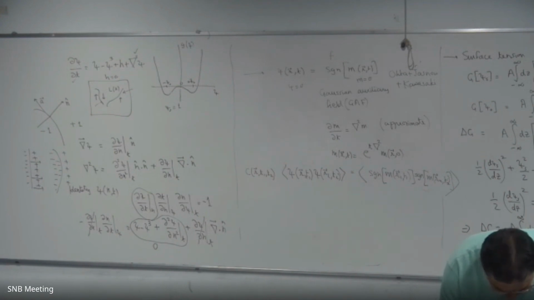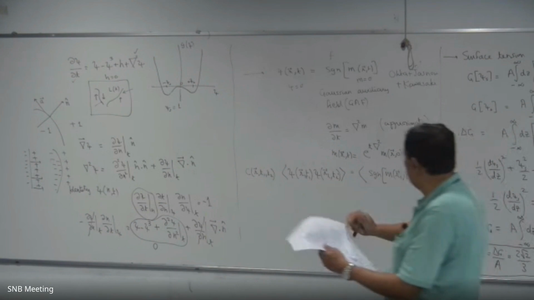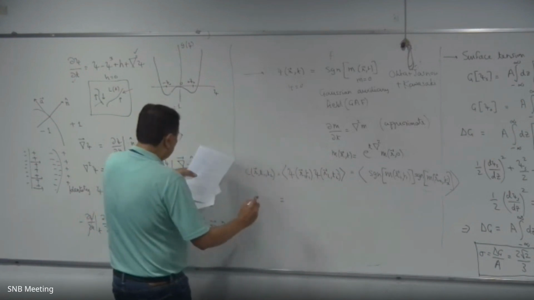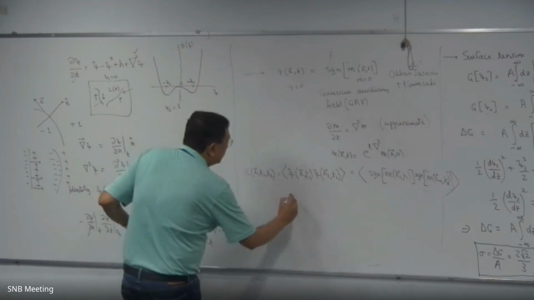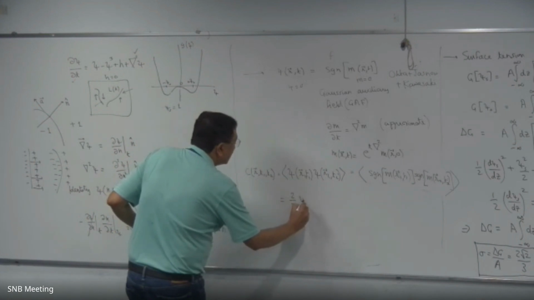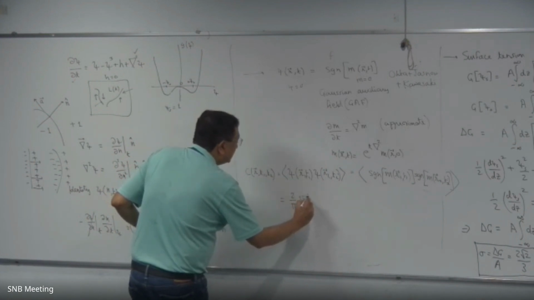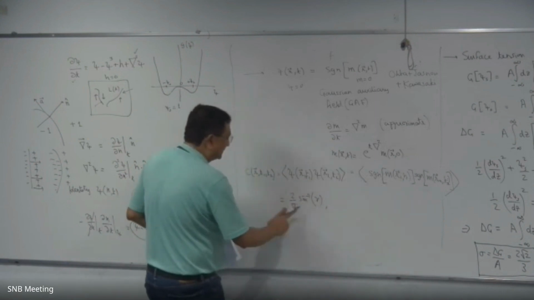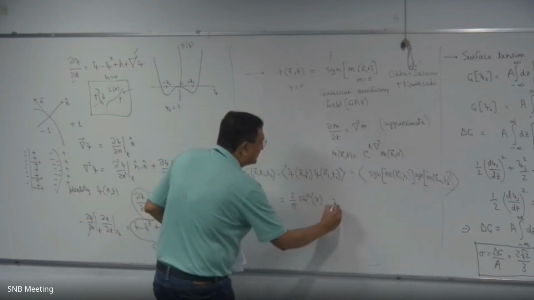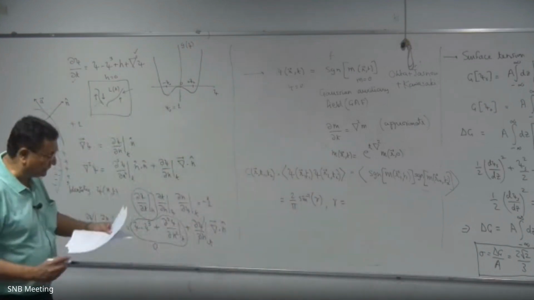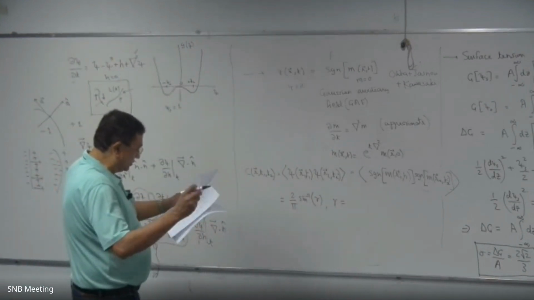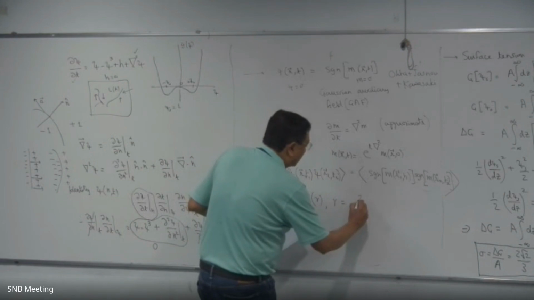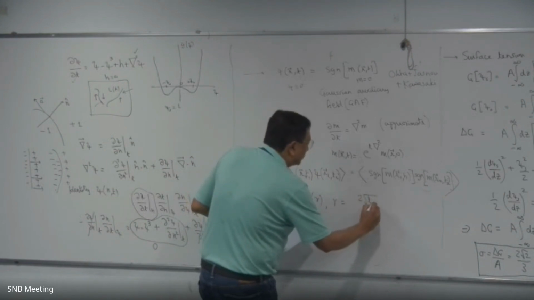The answer is simply that C turns out to be, let's write this down carefully, 2 over pi sine inverse of something called gamma, and gamma is the correlator. This is just because of the sine function. Gamma is the correlator of the auxiliary field, and gamma is simply equal to, if I can find it in my notes, it's not the prettiest looking form, but remember it's an unequal time correlation function.